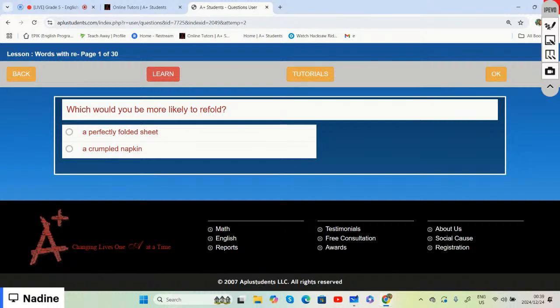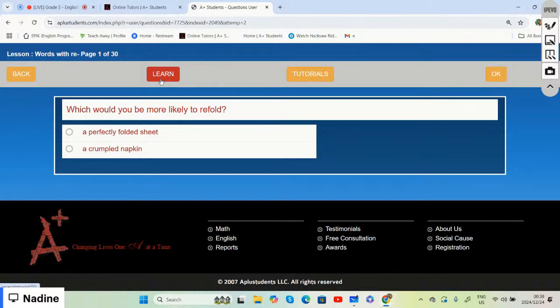All right, and remember we said re means again. So now it says, why would you be more likely to refold something? When will you refold something again?